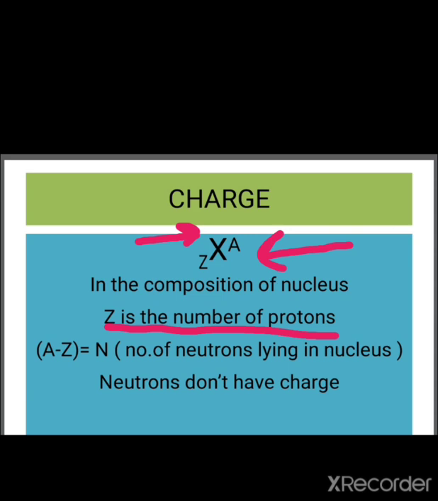So in the composition of nucleus, we have number of protons, number of neutrons as well as number of electrons. So here A minus Z is equal to capital N, which is number of neutrons lying in the nucleus. And we know that neutrons don't have any charge as they are neutral particles.